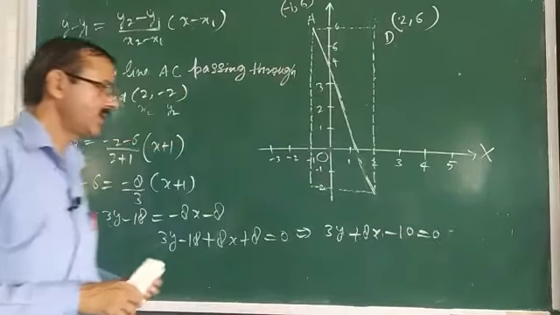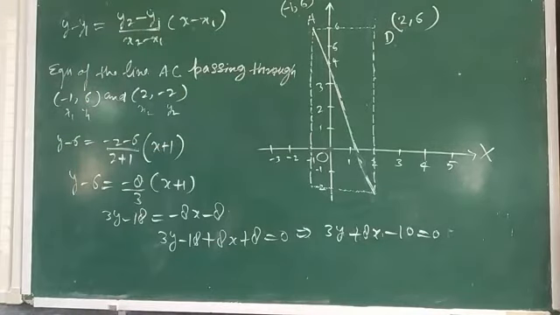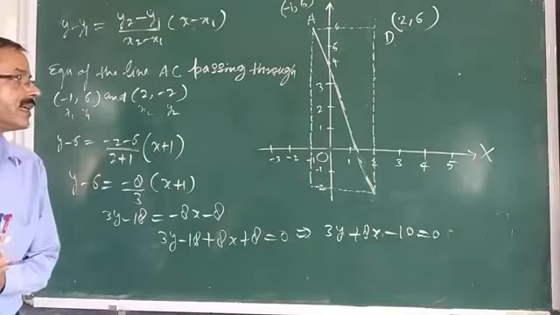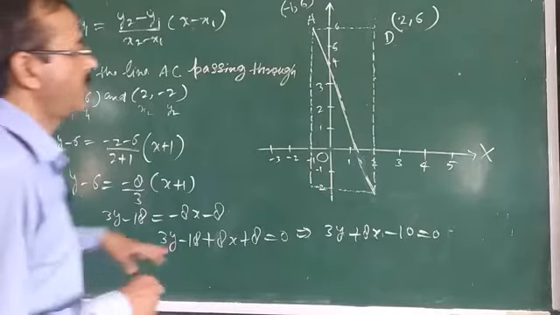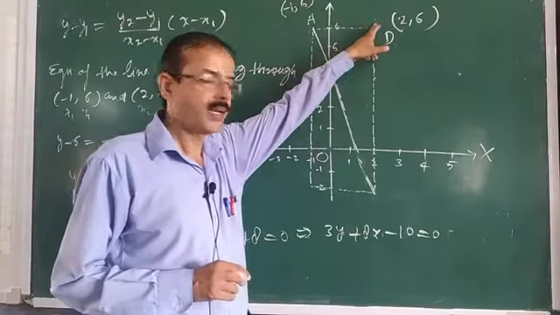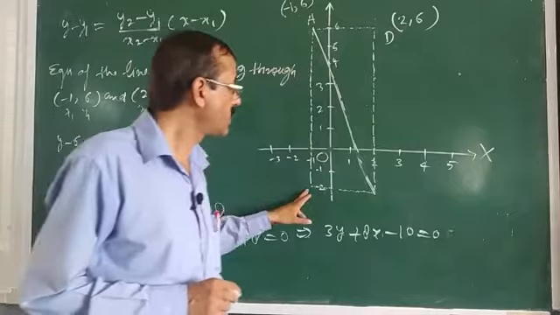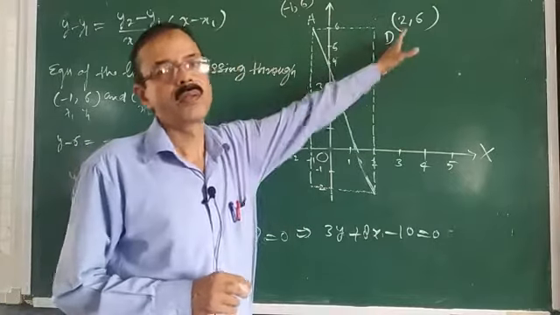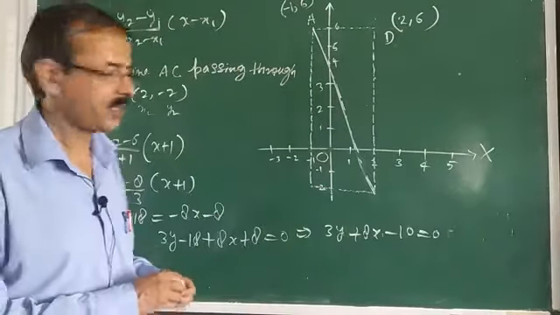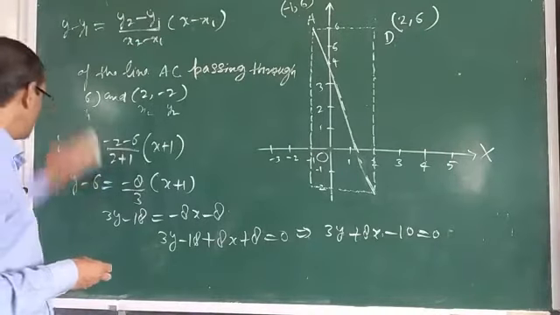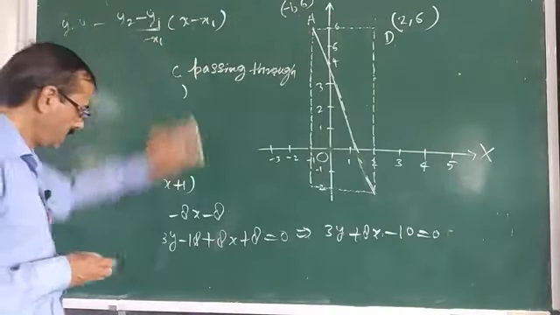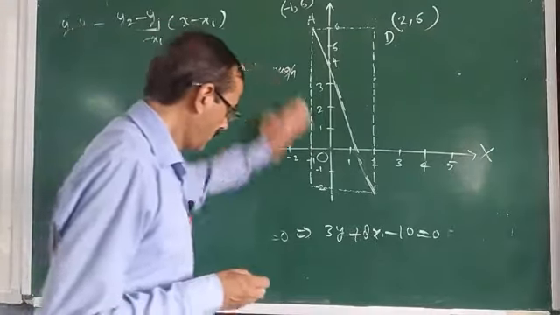So this is the equation we found, the equation of the straight line AC. Similarly, we have to find the equation of the line passing through BD, the diagonal BD, that is your work. So these were the two questions from exercise 12.1. So students, this exercise has been completed.